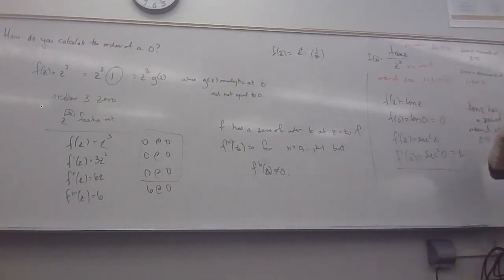So it's a pole of order 2. A Laurent series for this will have a term with a z to the minus 2 in it. I'm trying to teach you some tricks to get around having to do a Laurent series. If I don't ask you for a Laurent series, you could just do this if you want to.